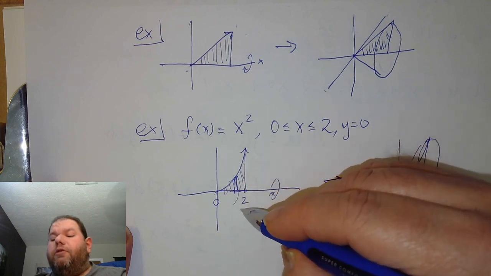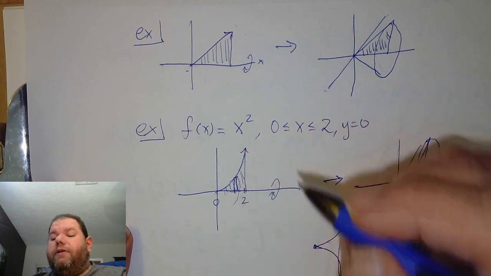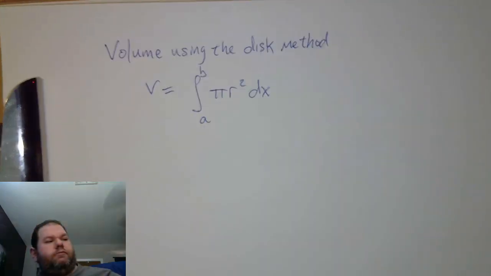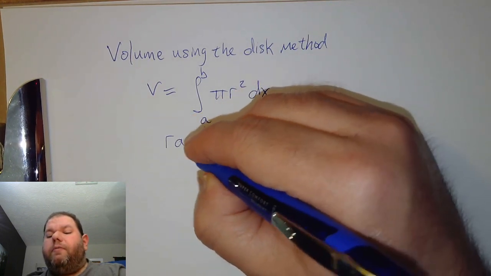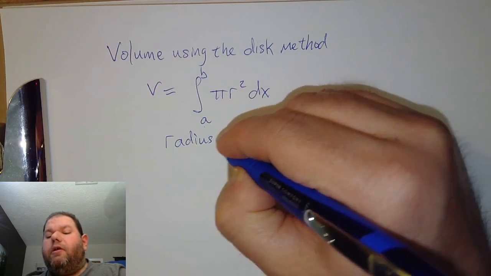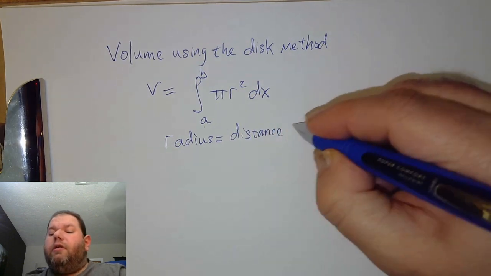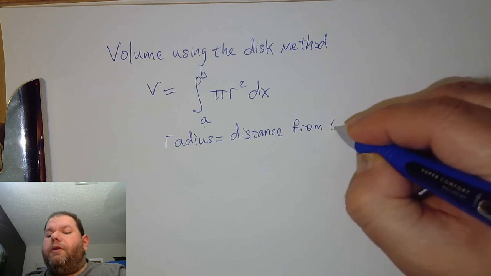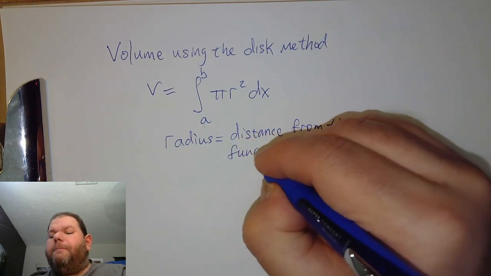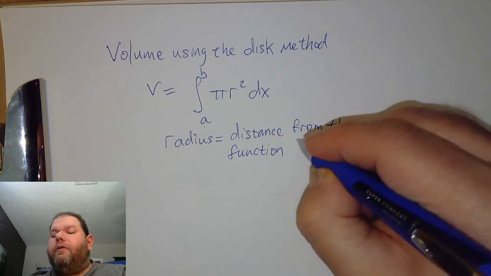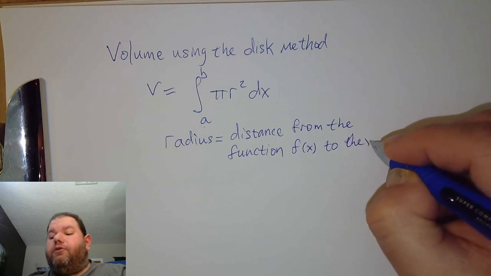Further from 0, we'll have a much larger circle based on that radius. But the radius, in this case, equals the distance from the function, in this case f of x, to the axis of revolution.